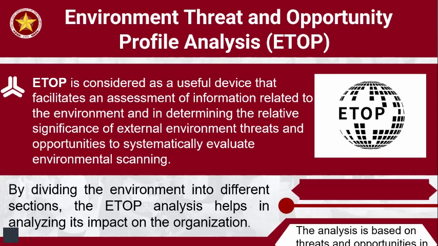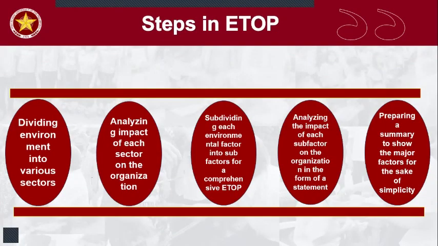So now we will be digging deeper into the ETOP. The steps include dividing the environment into different sectors, followed by analyzing the impact of each sector on the organization.